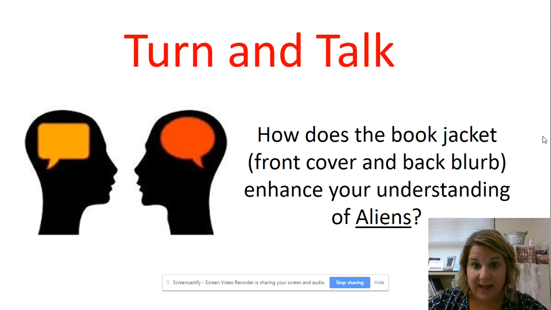How does the book jacket, the front cover, and the back blurb enhance or help your understanding of the text Aliens? 30 seconds.